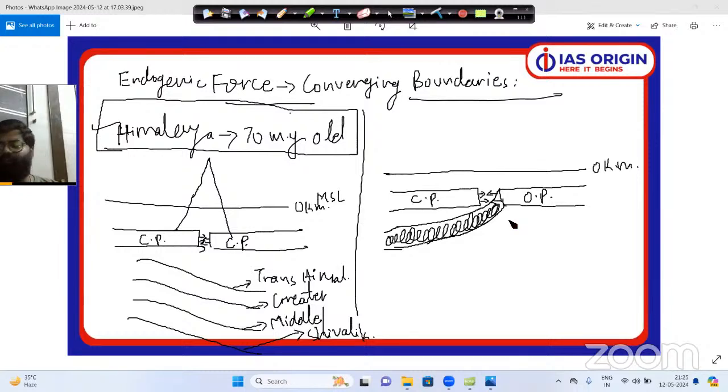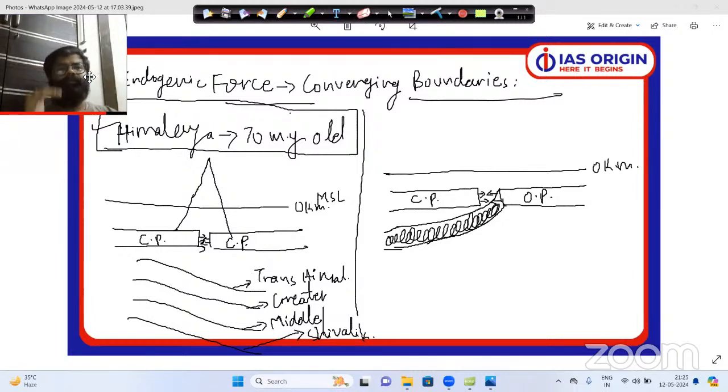Now why are the minerals of oceanic plates getting converted into liquid form? Because of two reasons. Reason number one is that when you go 1 kilometer inside the earth, the temperature increases by 1 degree Celsius. Why? Because radioactive minerals are there inside the earth, such as uranium, thorium, or sulfur. So when you go 1 kilometer inside the earth, the temperature of earth increases by 1 degree Celsius, and because of that temperature, the oceanic plate's solid minerals are converted into liquid minerals.